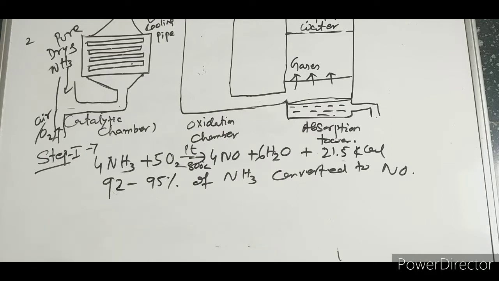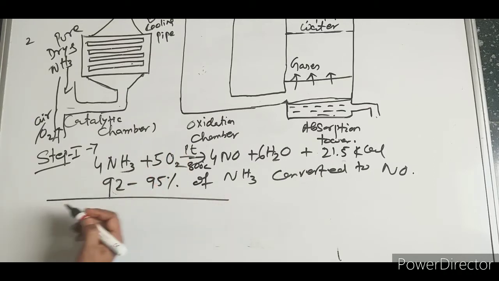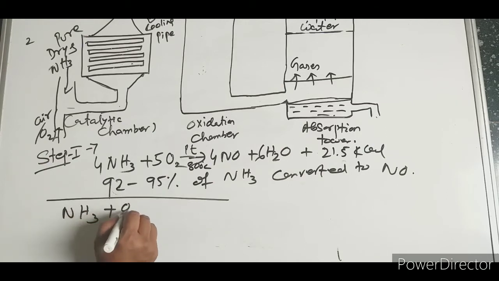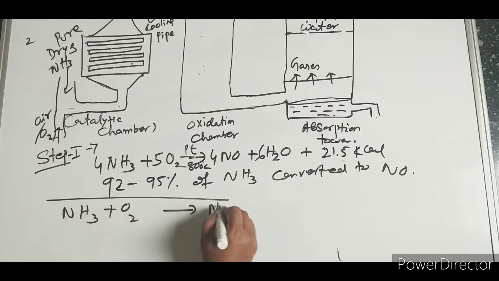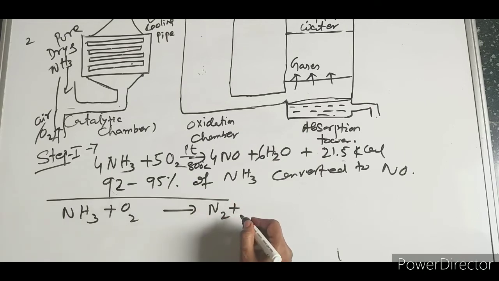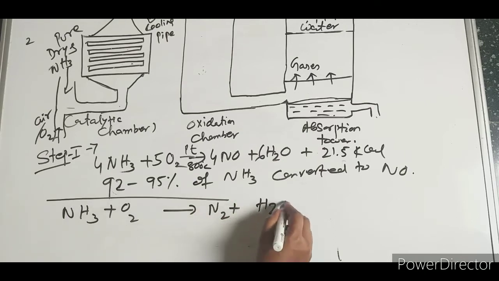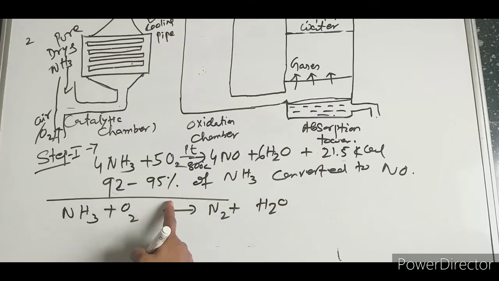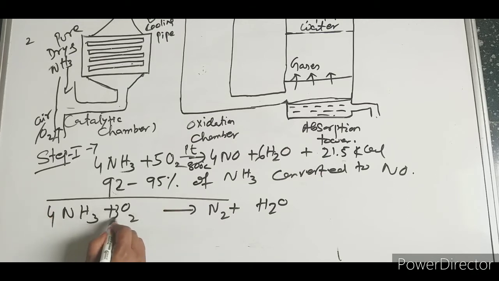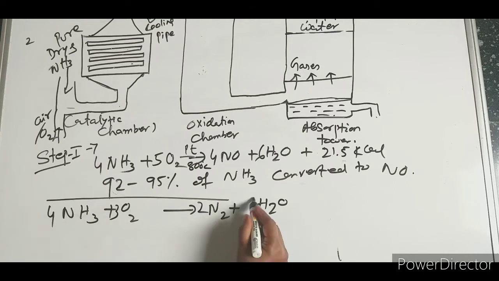Here remember, this one is a catalytic oxidation, but we had discussed something different: ammonia when it burns in oxygen gives rise to nitrogen and water. Here we are not taking any catalyst. So here 4, this one will be 3, this one will be 2, and 6.